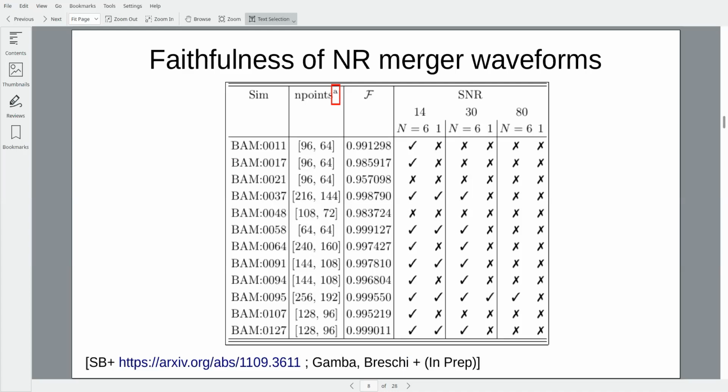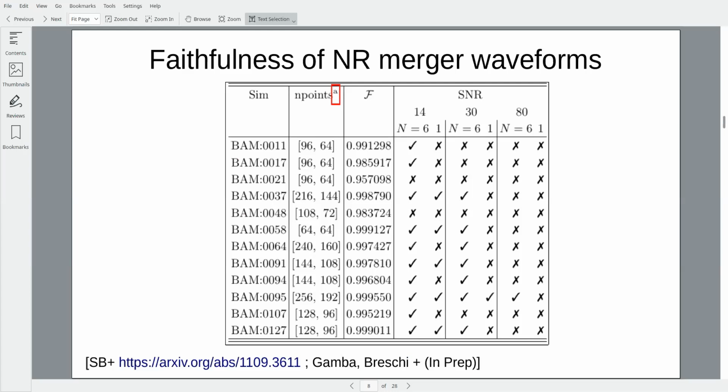What we find is that at SNR about 80, which for reference is 1708-17 at design sensitivity, numerical relativity cannot deliver at the moment enough faithful waveforms to be used, say, to actually inform a model and be called, let's say, exact.